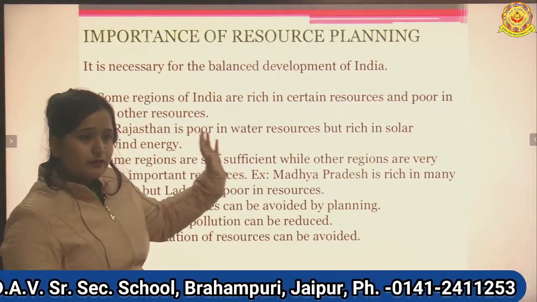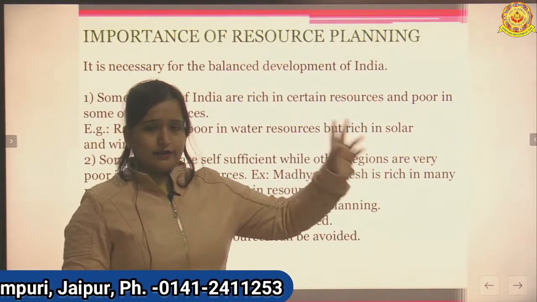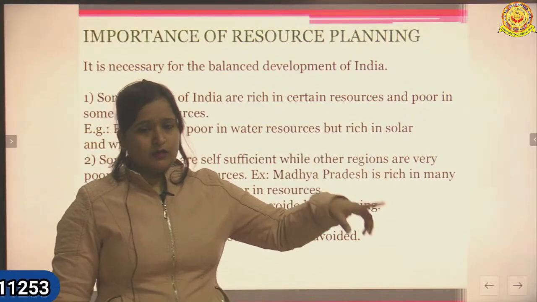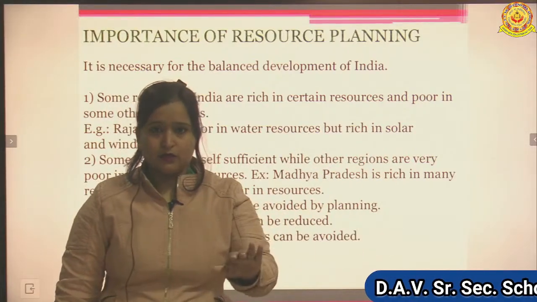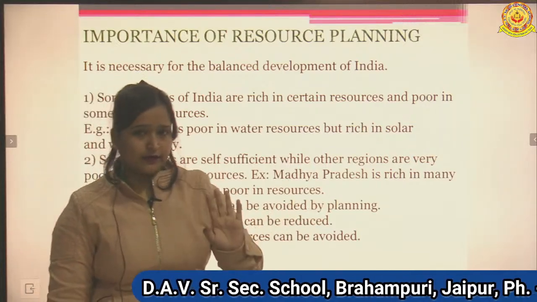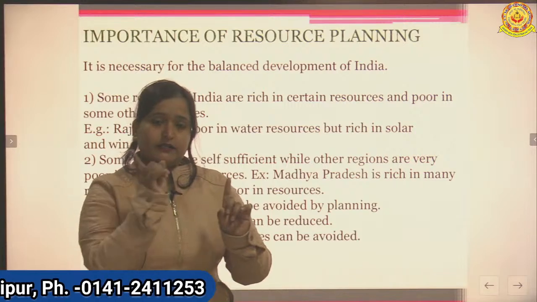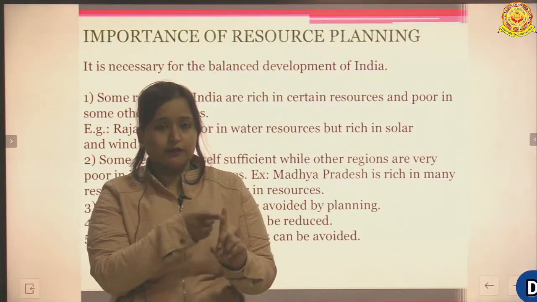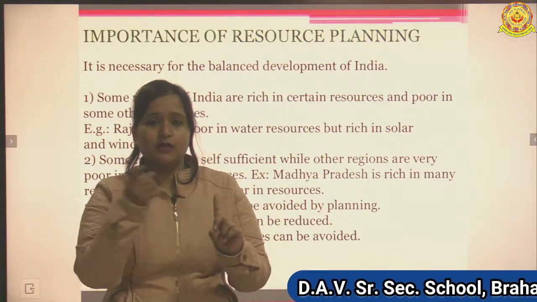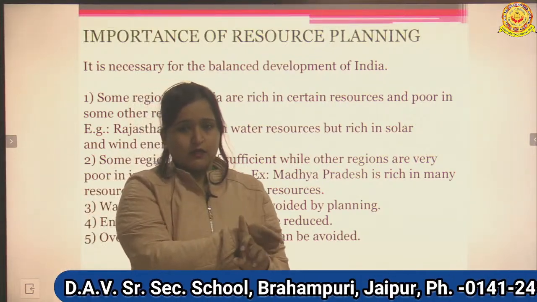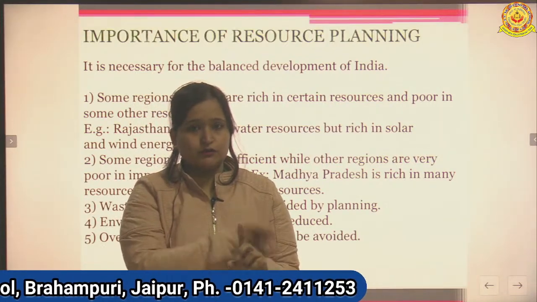For example, some resources in a particular area are rich and poor in other resources. I have given the example of Rajasthan already. Rajasthan is poor in mineral resources but rich in wind and solar energy. So what can we do? We can make plans for using mineral resources and energy resources in Rajasthan.